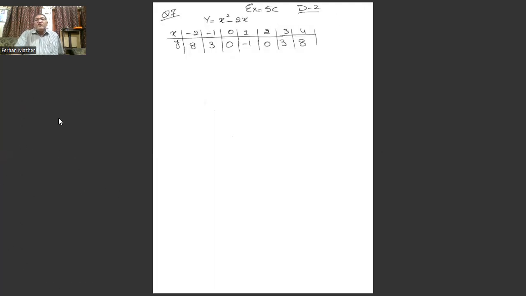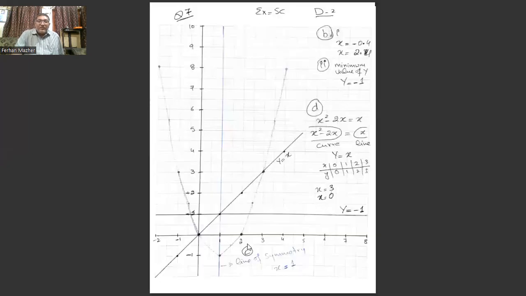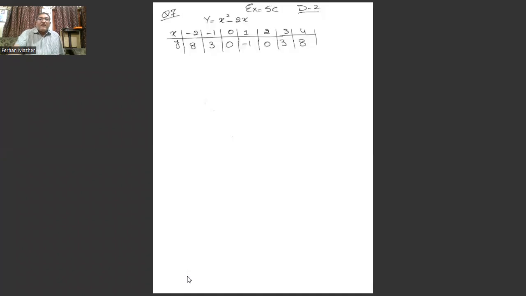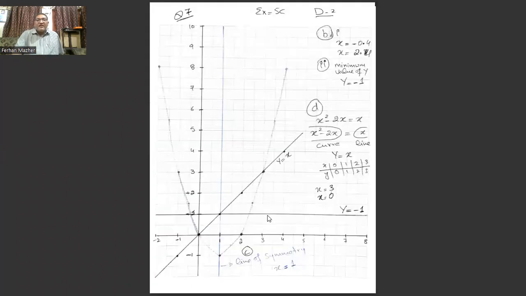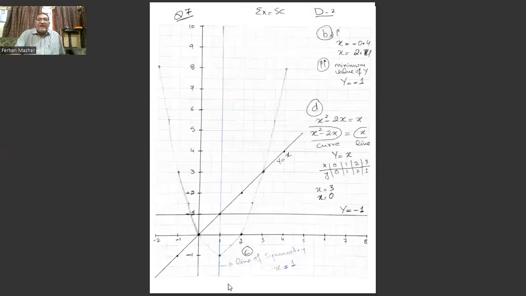At 2 you will have 0, so I will put this dot here. At 3 you will have 3, so I will put a dot here. At 4 you will have 8, so we'll put this dot here.